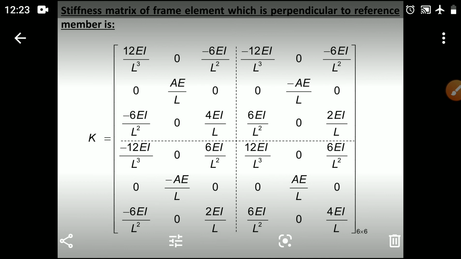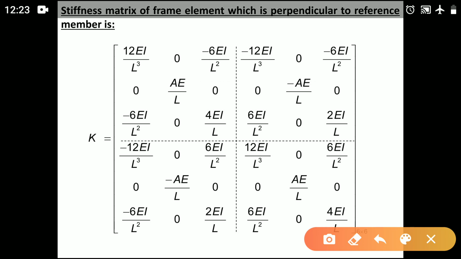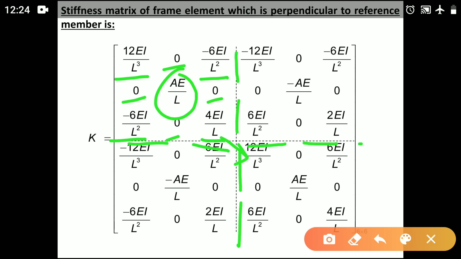a 6 by 6 matrix. Okay, so here if you see all these elements, here 12 EI upon L cube, 6 EI upon L square, minus 6 EI upon L square, 4 EI upon L. Same elements appear here. 0 0 0 0 and the center AE upon L. In all these matrices, for symmetry, if we have such a dividing line, you can see all these elements are same here.